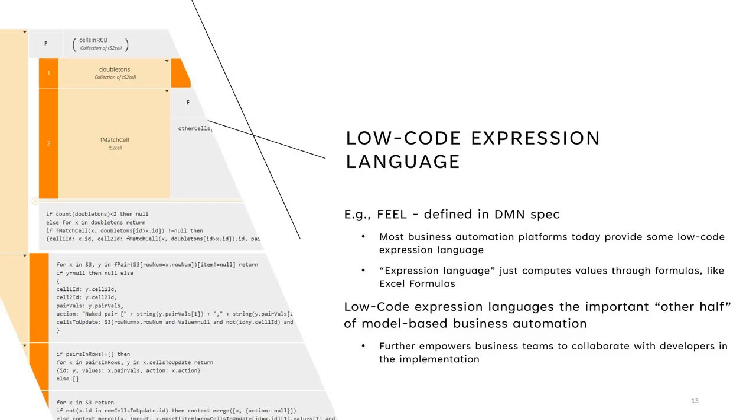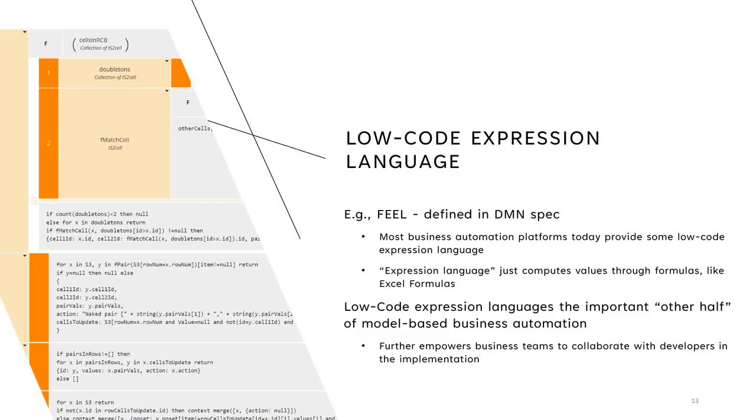And I want to say a little more about the low-code expression languages such as FEEL, the low-code expression language defined by DMN. When BPMN and CMMN were developed, they did not define an expression language because they assumed correctly at the time that the details of system integration and user experience would require programming in a language like Java.